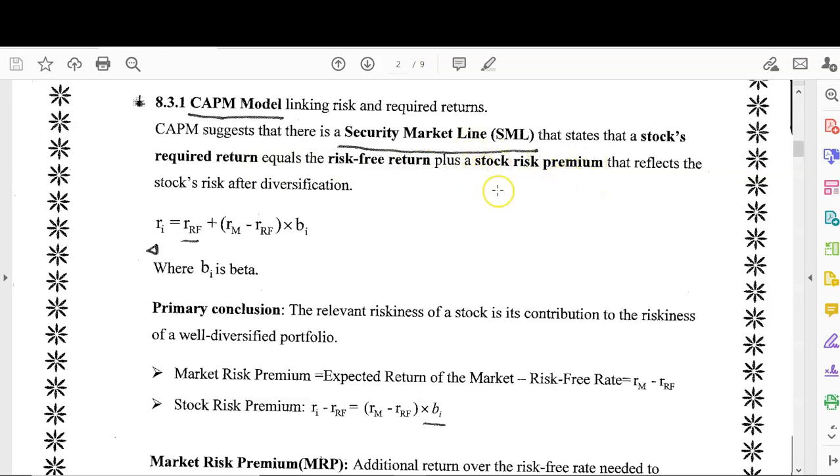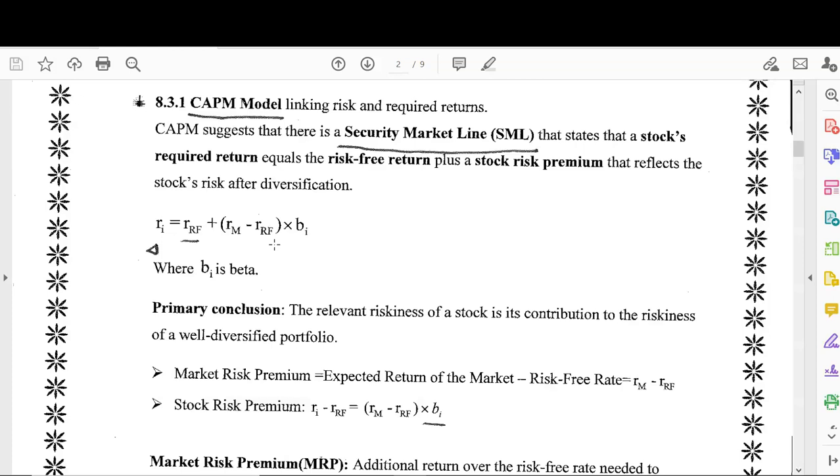Okay, so we use RI to stand for the return of stock i. And we use RRF, the same thing we used for the bond return formula, as risk-free return. And we add stock risk premium.